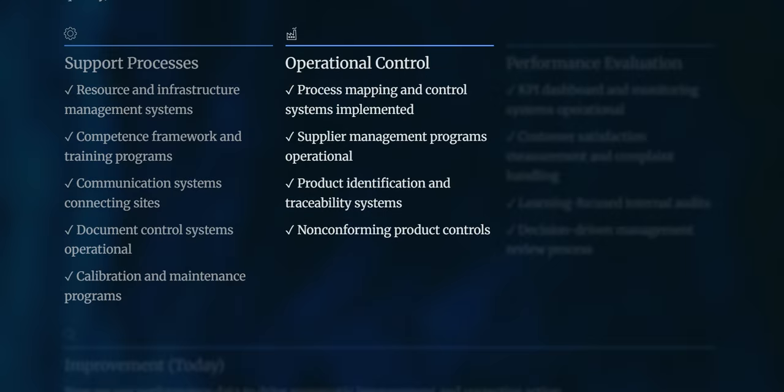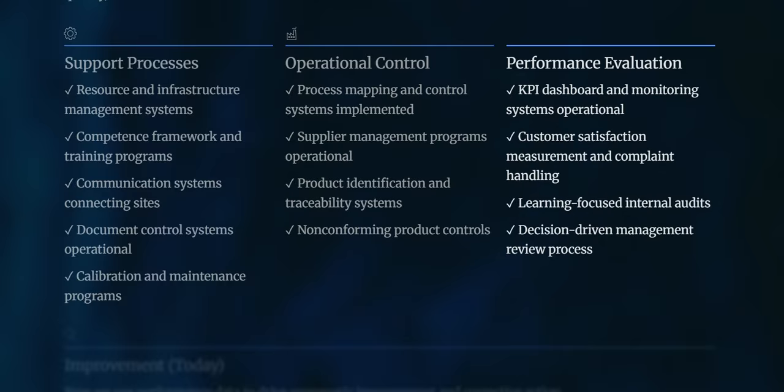Then we move to Module 5, which is operational control, and we have covered the following. We have implemented process mapping and control systems. Supplier management program has been operationalized, and also the product identification and traceability system. And finally, in Module 5, we have covered non-conforming product controls.